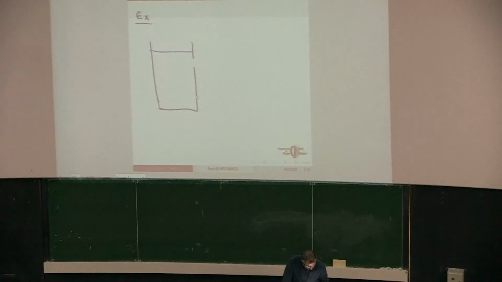Let's say one hole over there, another hole over there. And it should be your common experience, the fluid will flow out of these holes. So which one will go a further distance? Well, the fluid at the top will just go like this. The fluid at the bottom will go like something like this.